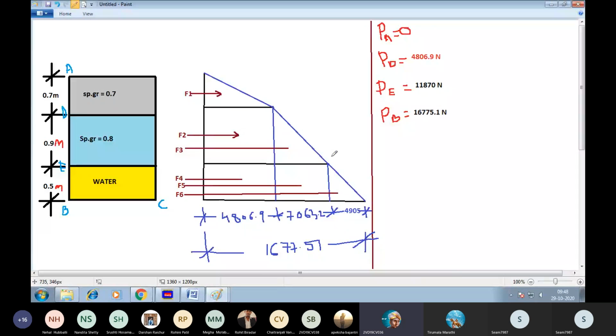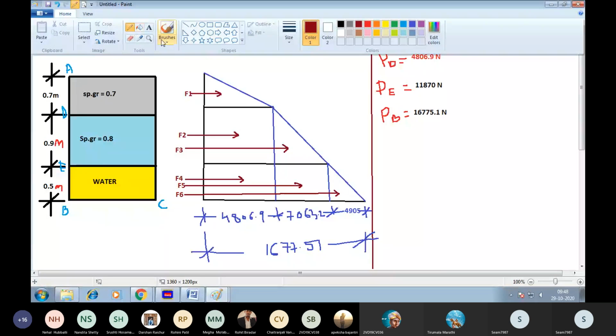Ma'am, width of the tank, ma'am. It is 3 meter. 3 meter wide. F1 14.4.